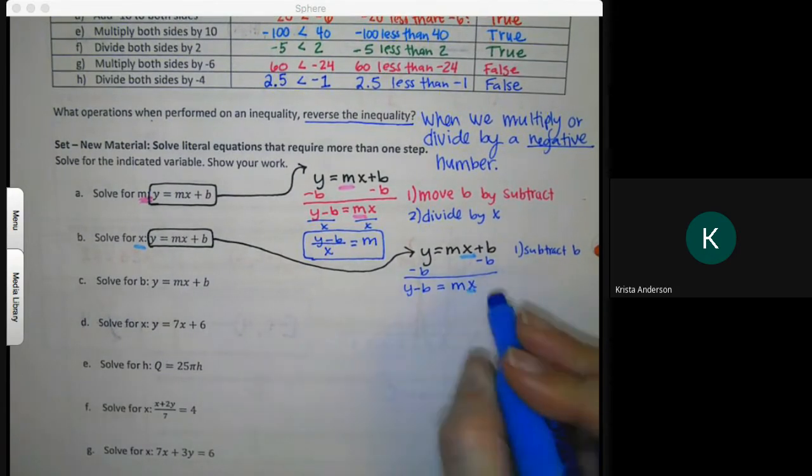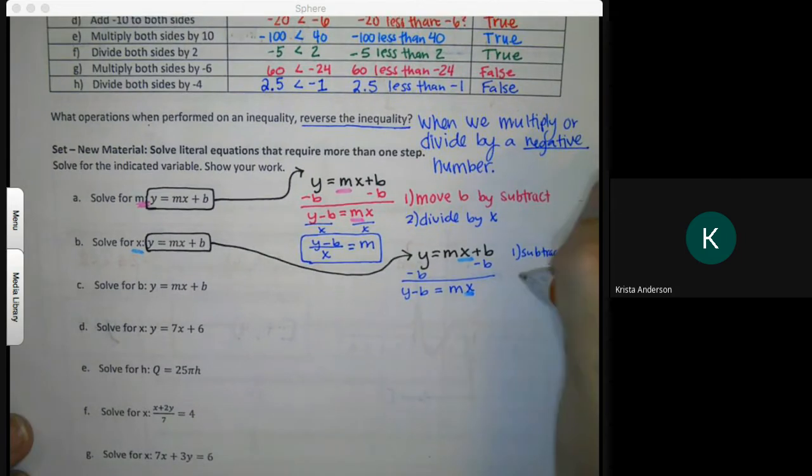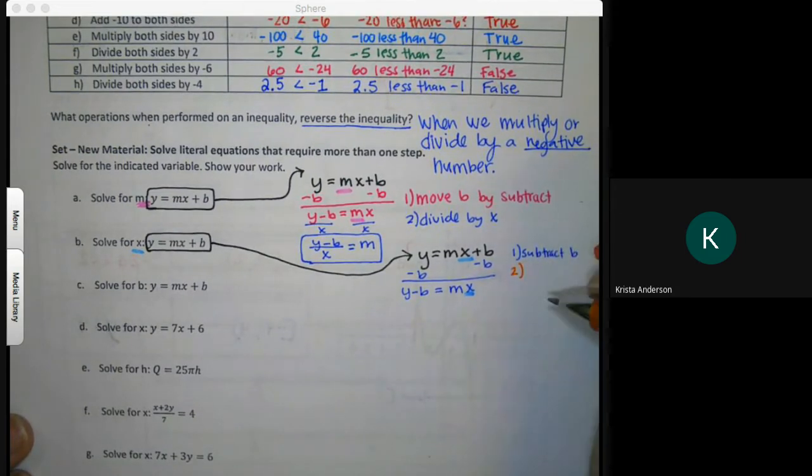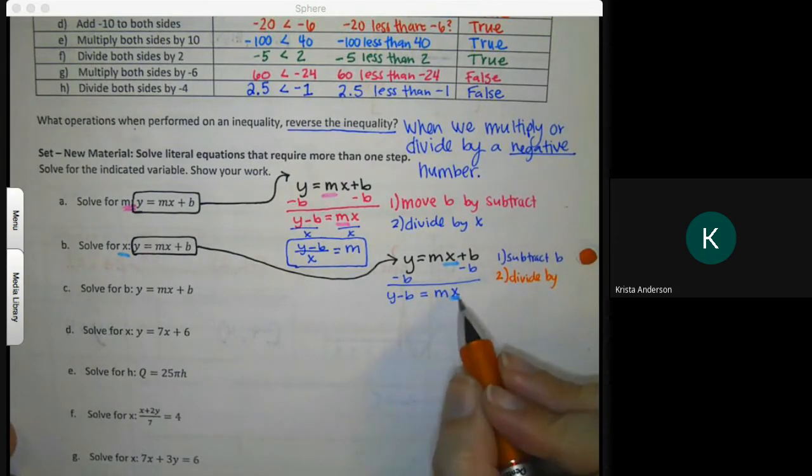So close. I still need the x by itself. So my second step will be to divide by, I want x alone.